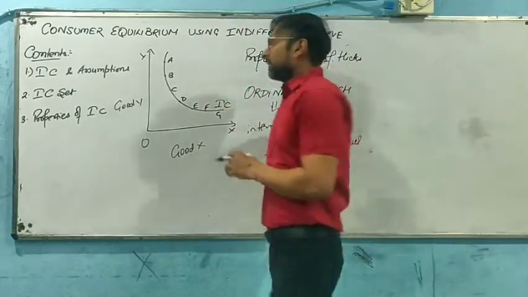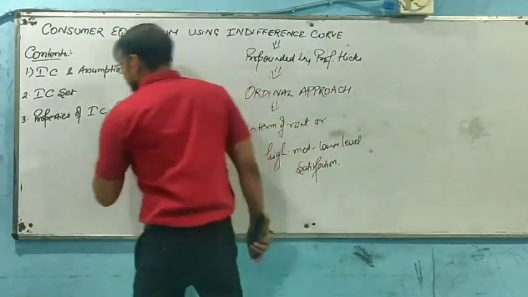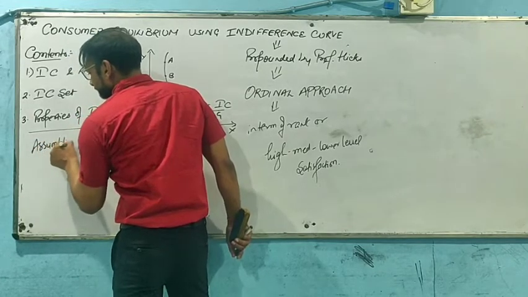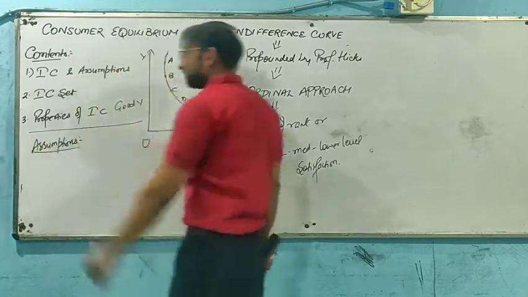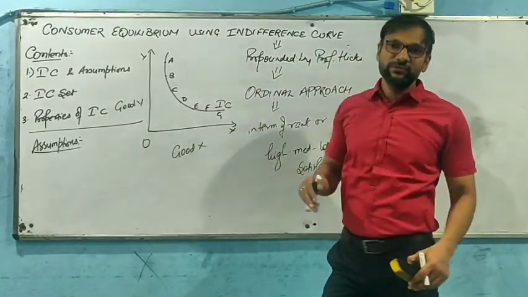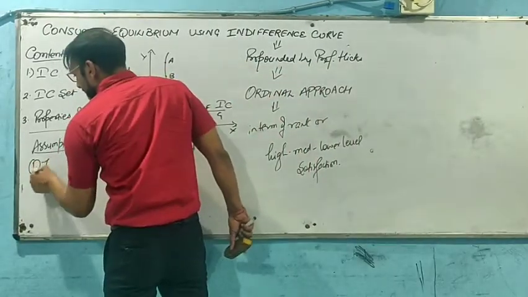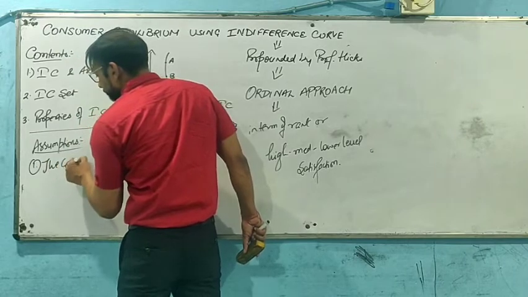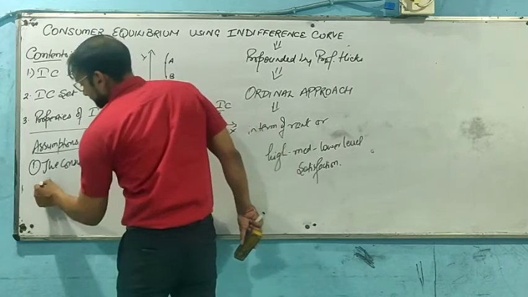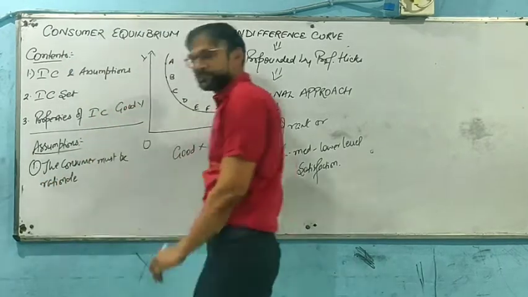Fine. Now, if we say this is the indifference curve, we need to see what its assumptions are. As we told you, indifference curve is a diagrammatic representation of two goods. It means the consumer who is consuming two goods must be rational in choosing and consuming both the goods.